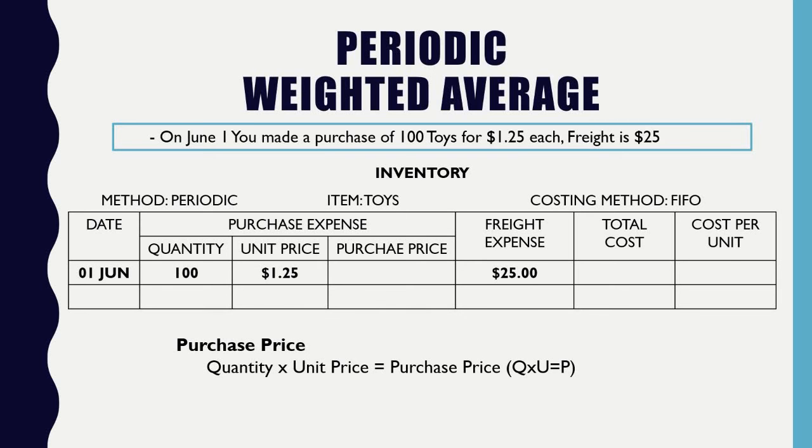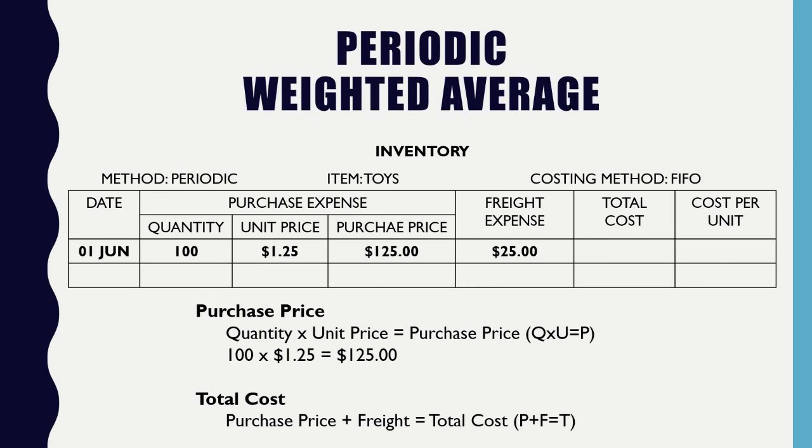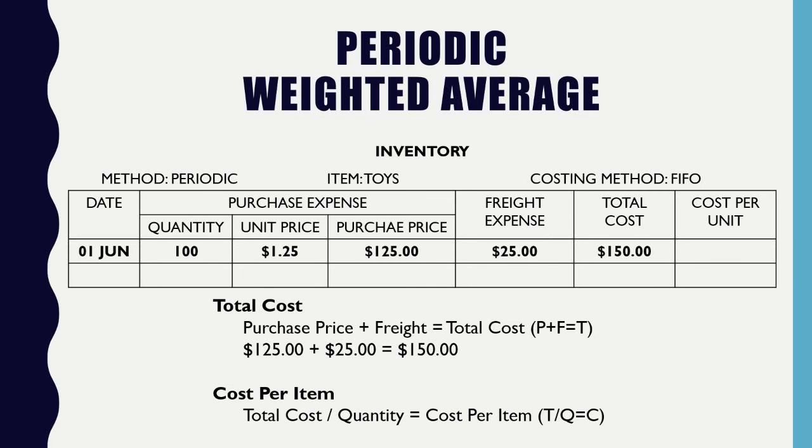So same idea here. We plug our numbers into the columns and we solve for each column that is blank. In this case, purchase price or purchase expense, whatever you want to call it, is your quantity times the unit price, which is 100 times $1.25. That gives you 125, plus 25 gives you a total cost of $150. Now this is where you have the option.